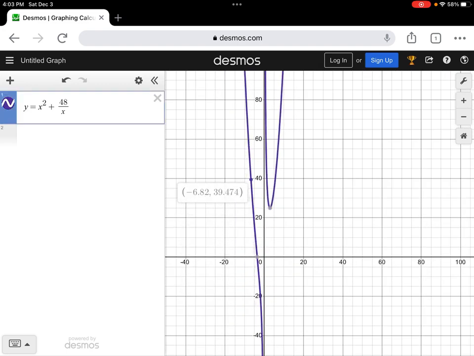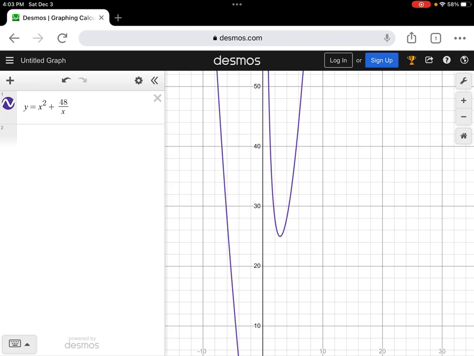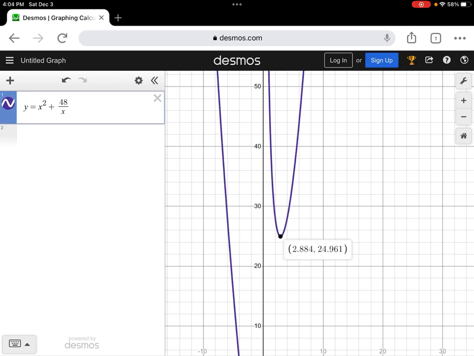So notice this part over on the left is weird and we wouldn't even worry about that because you can't have negative dimensions. So we want to minimize the amount of material. So we're looking at this local min right here. So that means at an x value of 2.884, you would use 24.961 square feet of material.